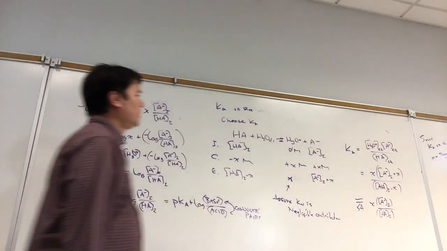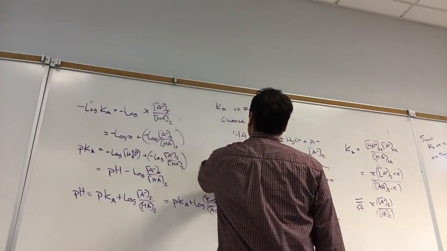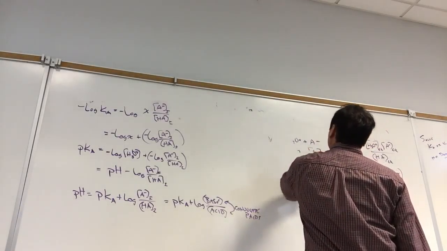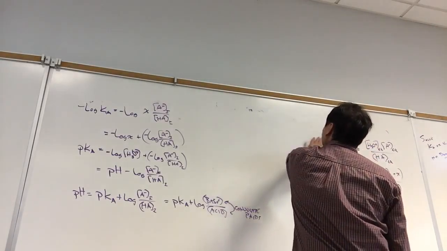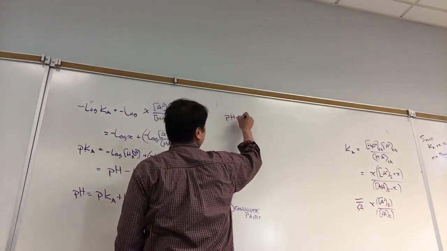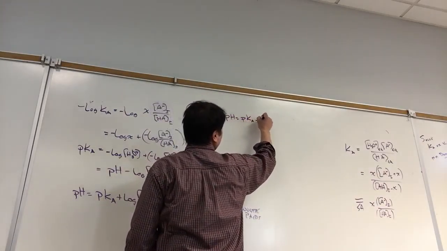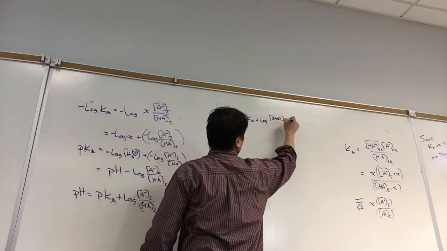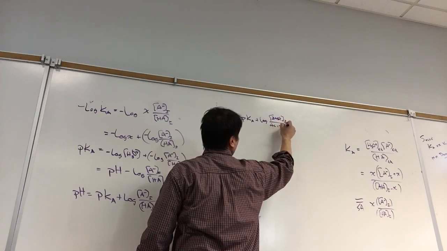This is the Henderson-Hasselbalch equation. The Henderson-Hasselbalch equation just says that the pH is equal to the pKa plus the log of the initial concentration of the base over the initial concentration of the acid.